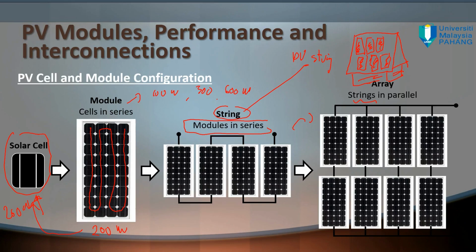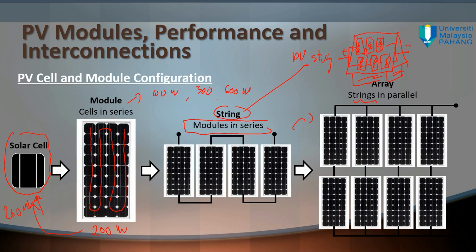PV array, maybe two strings. But actually, is it really two strings or one string? We don't know yet, until we see the back of the solar module, what is the correct connection. Why do I say that? It may become like this, plus minus, so maybe two strings.